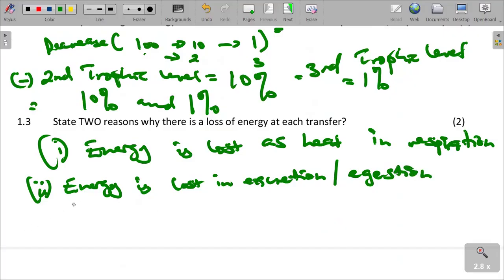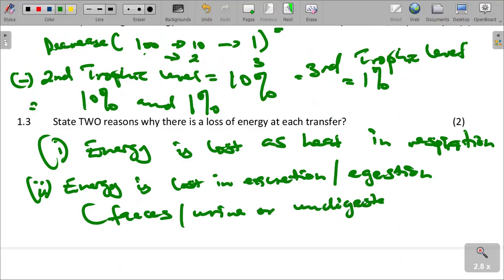Energy is lost in excretion, which is the waste product we are talking about, in the waste of urine, or also undigested food material.